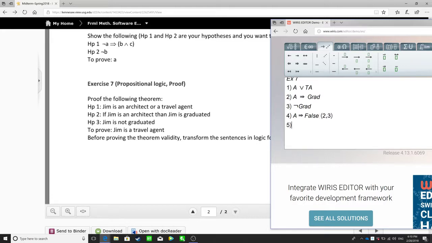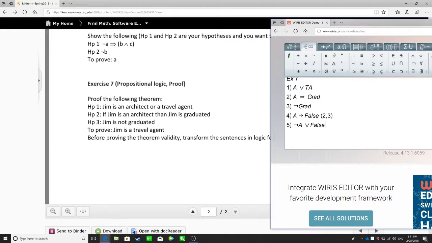Not A, or false. Yeah, it's not A or false. It's the MPT. Then apply the implication rule, and then anything or false becomes that thing. Right. OR 3.